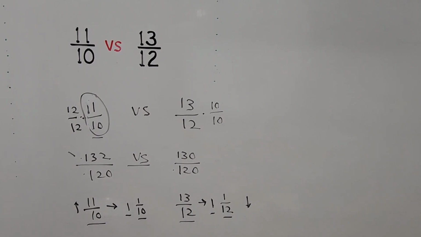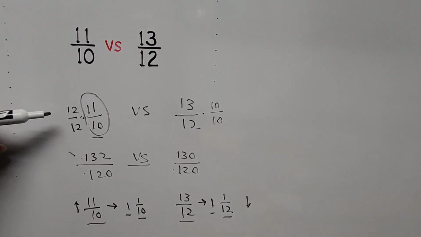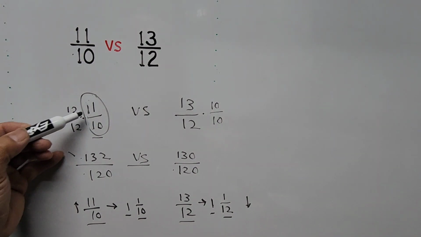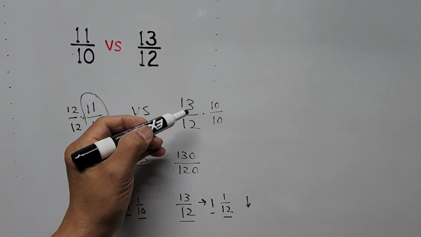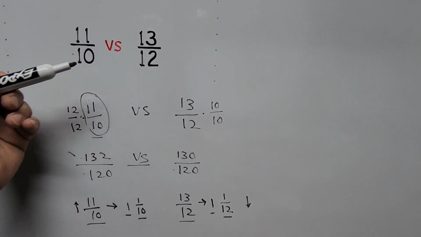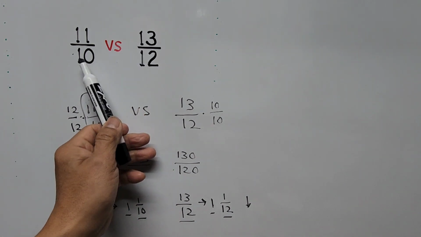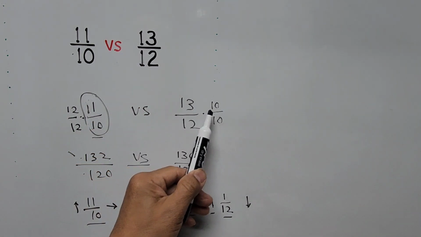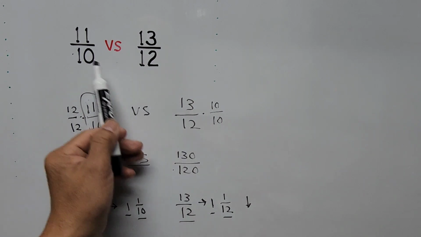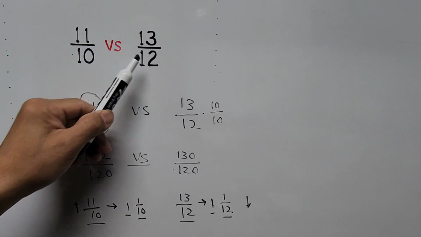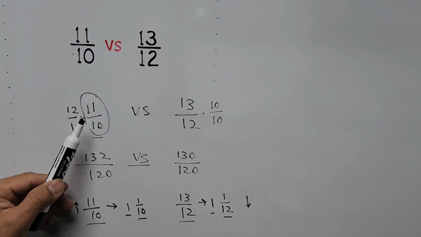And a third way of figuring out which fraction is larger is derived from the first method, where we cross multiply. We multiply the numerator 12 times 11, and here 13 times 10. So these are cross multiplied. Here, 13 times 10, and here, 11 times 12.